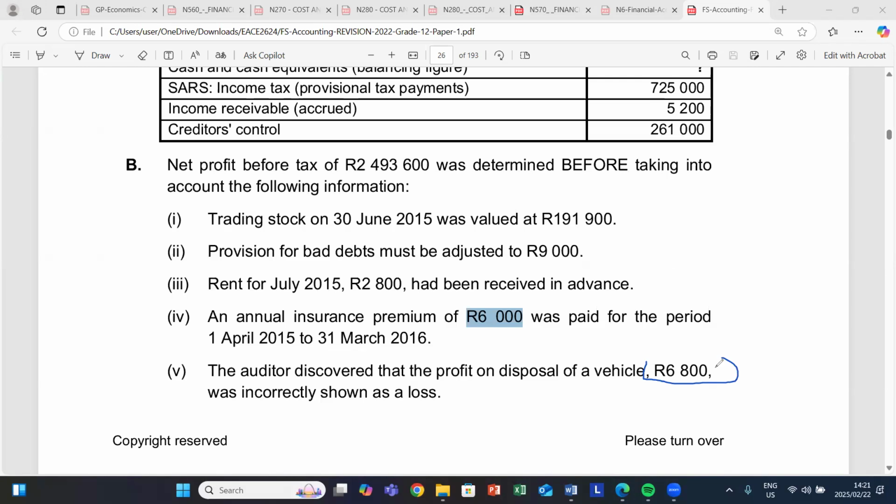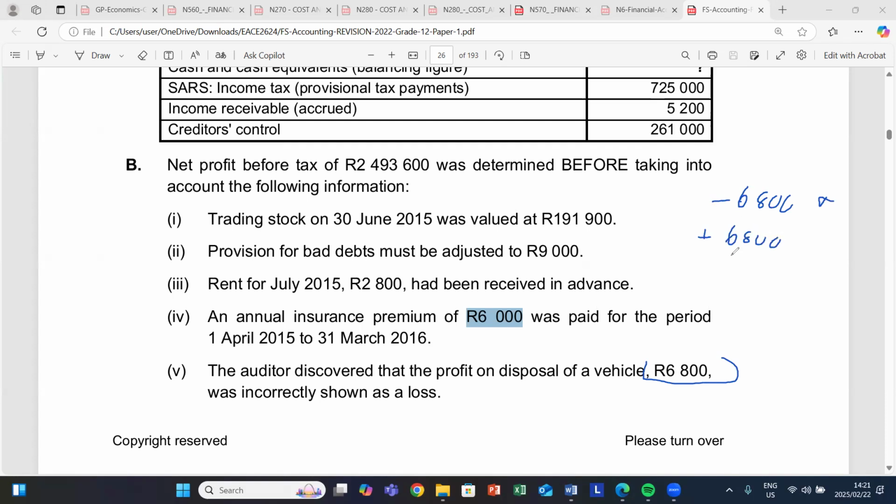Were they supposed to record it as a loss? No, they're supposed to record it as a profit, meaning in 2,493,000, they said minus 6,800, which was incorrect. How are we going to deal with that? We'll say plus 6,800.